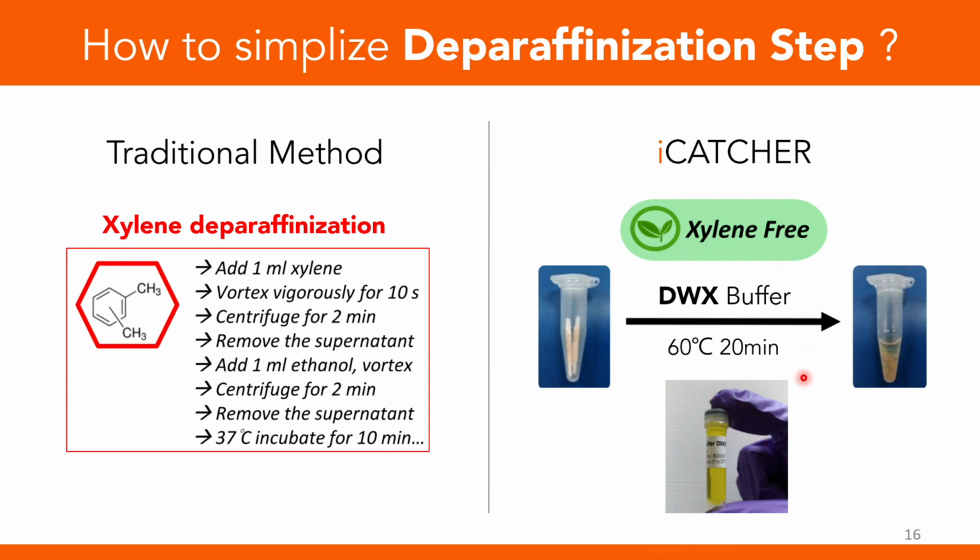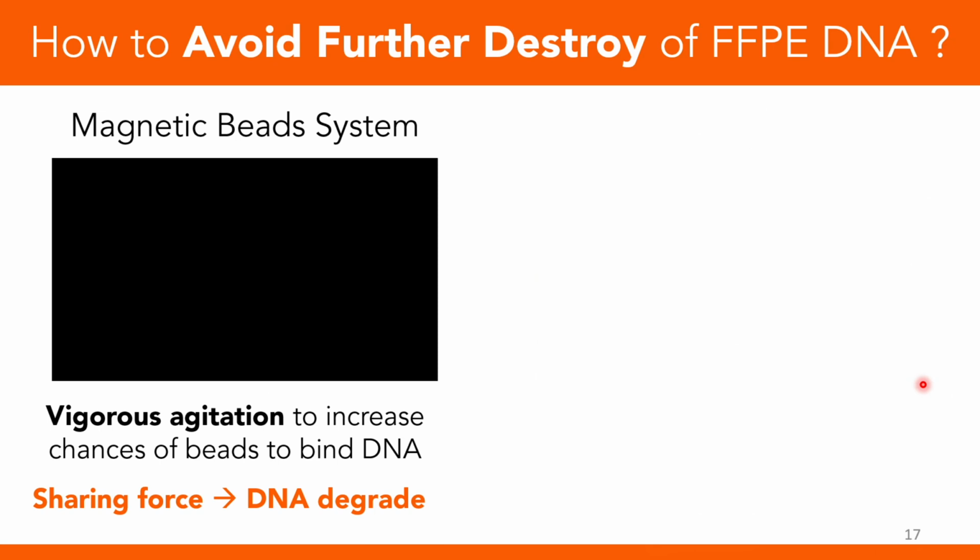We just need to do 60 degrees, 20 minutes, and with a very safe, xylene-free dewaxing buffer, we can remove the wax and prepare the sample for DNA purification. So it's a very simple way to overcome the deparaffinization step with DWX buffer.